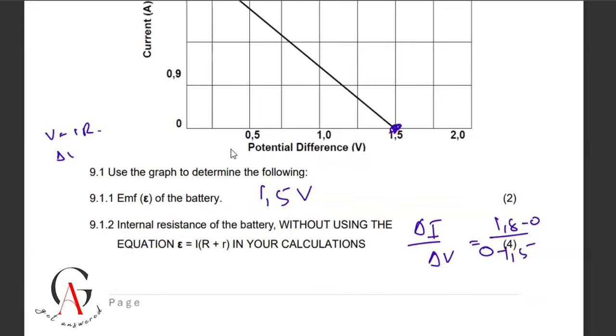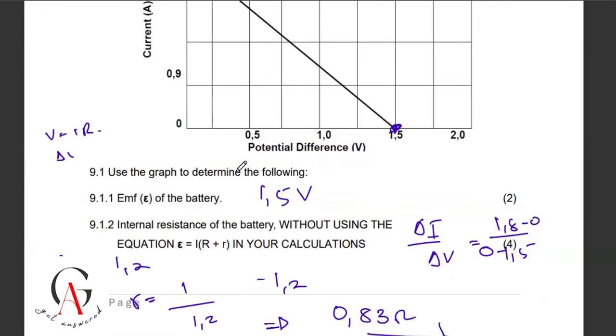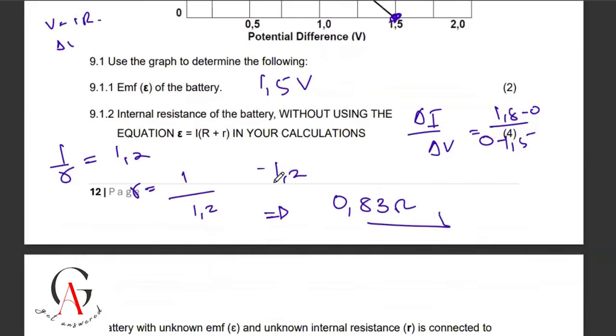So the answer we're getting is negative 1,2. And then we know that this represents 1 over R, should be equivalent to the 1,2. Cross multiply, so R is going to be 1 over 1,2, which becomes 0,83 ohms. Okay, so that is how we were supposed to get that.